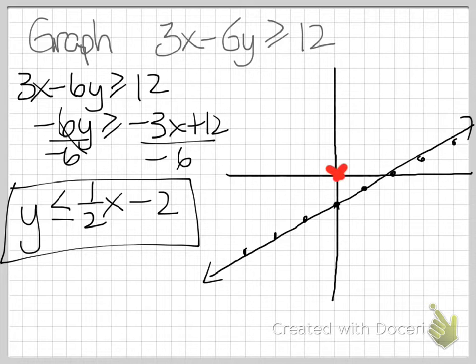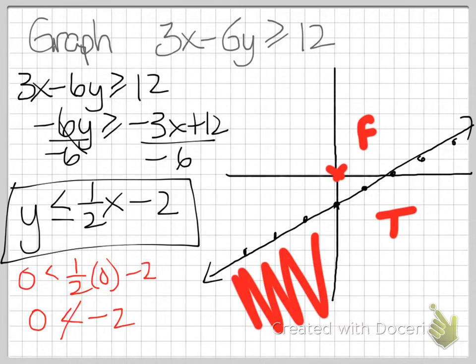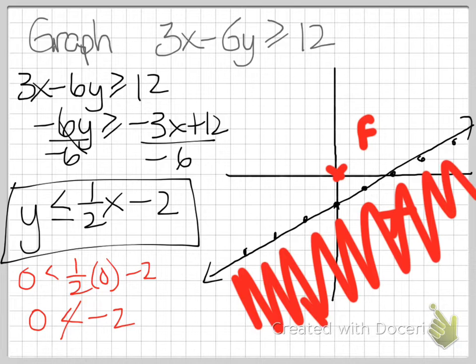So if we pick the test point of 0, 0, and plug 0, 0 into our inequality, 0 is less than or equal to 1/2 times 0 minus 2, we get 0 is less than or equal to negative 2. 0 is not less than or equal to negative 2, so that tells us that this side makes it false. This side would be true, and so we're going to shade on the side that makes the inequality true.